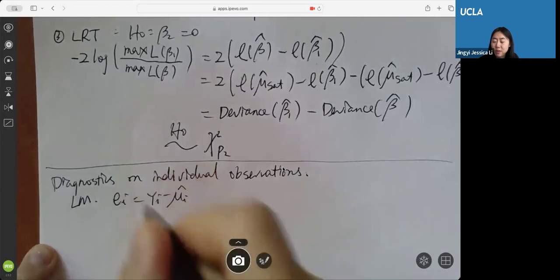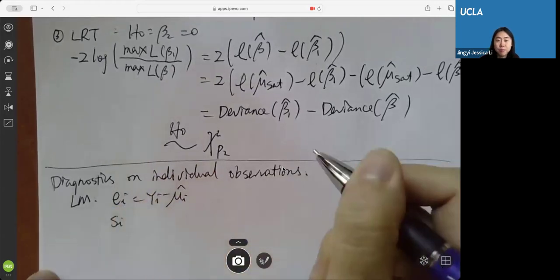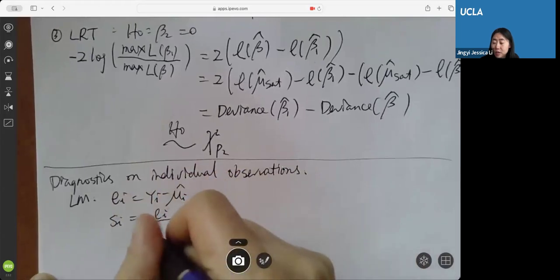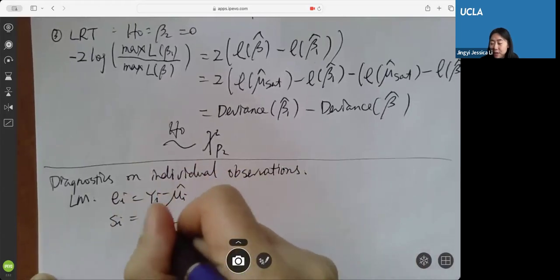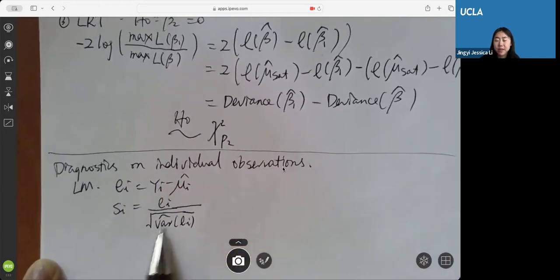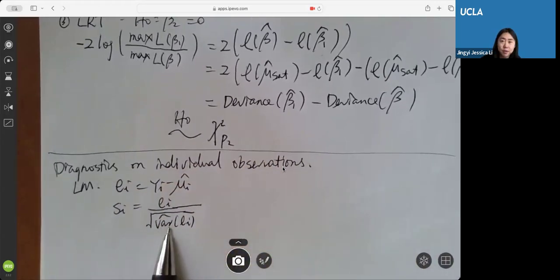So that's why we can use the standardized residual, which is just ei over the square root of the estimated variance of ei. Because this variance involves the unknown parameter sigma, we have to replace it by sigma hat. Anyway, we have this for the linear model.